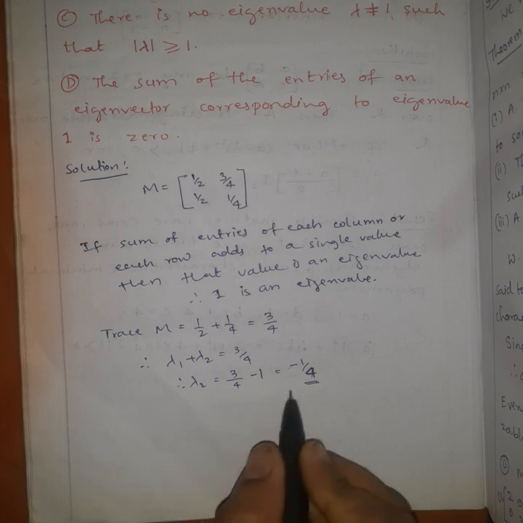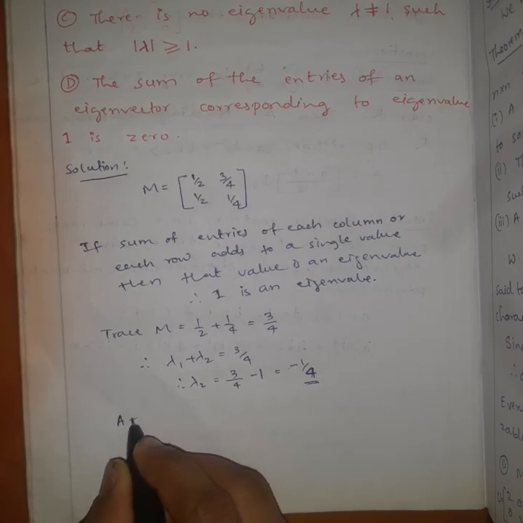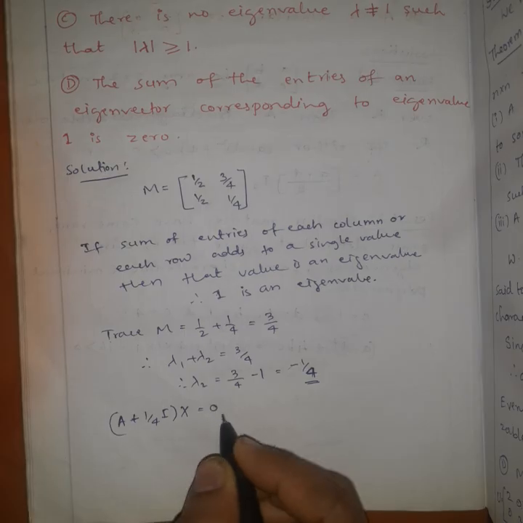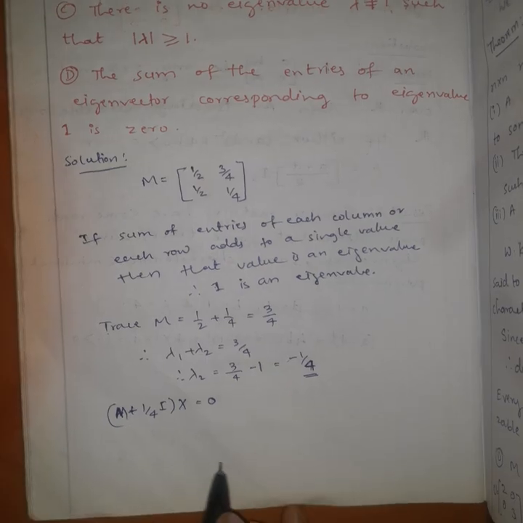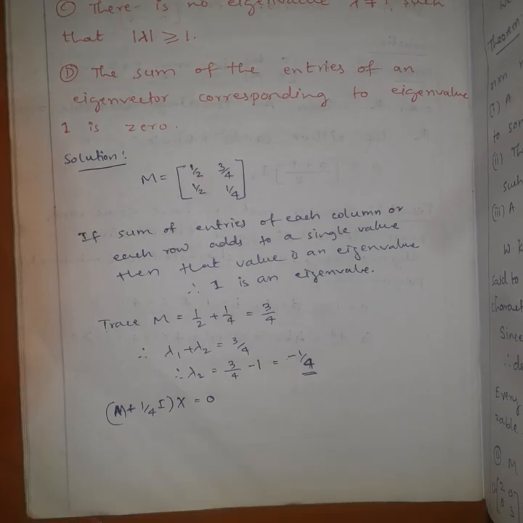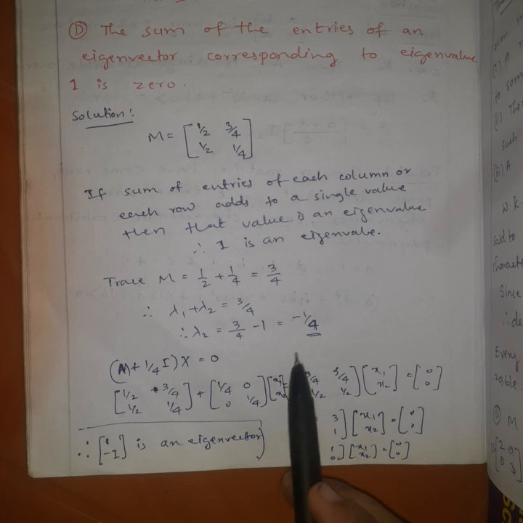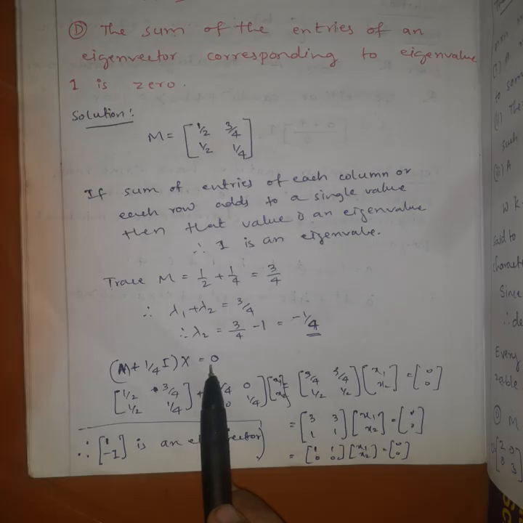So let us analyze M minus lambda I, which is M plus 1 by 4 I, into x equal to 0.